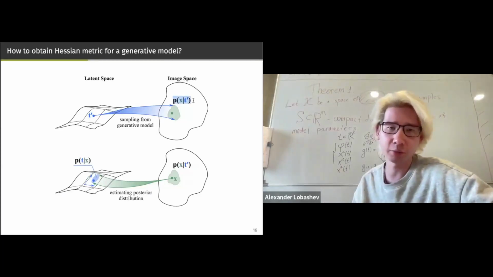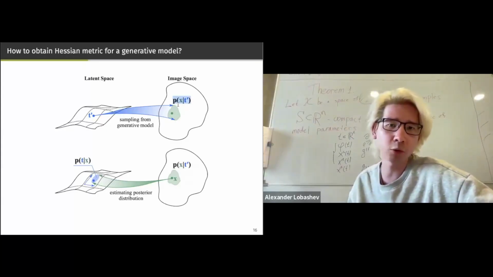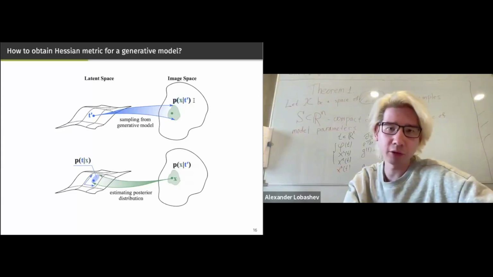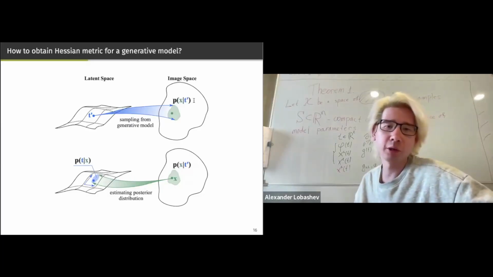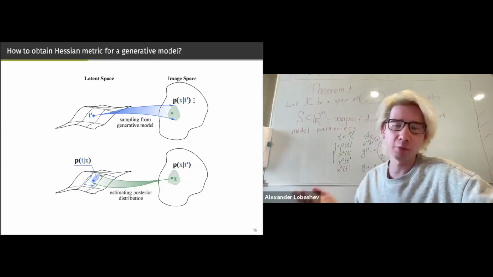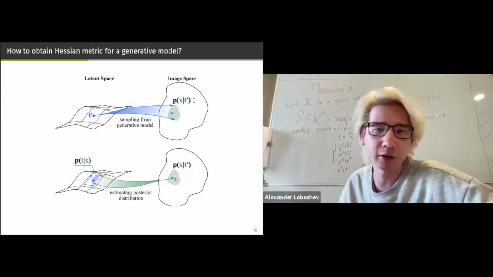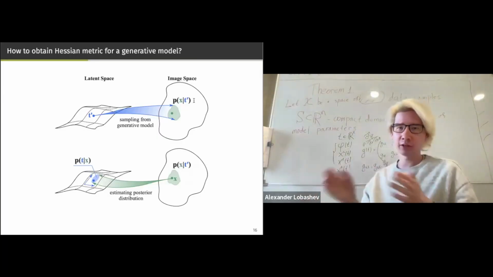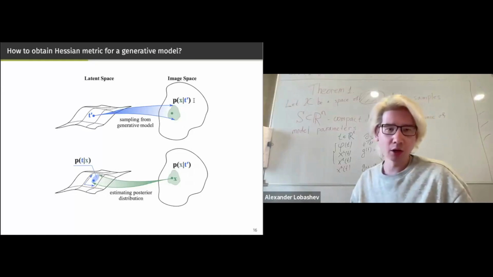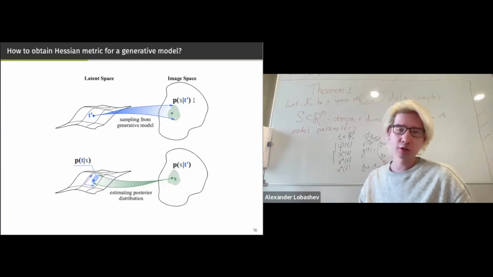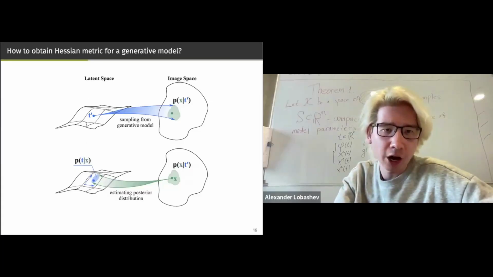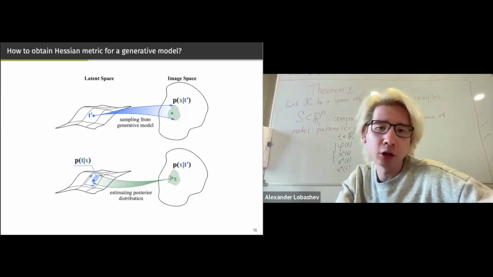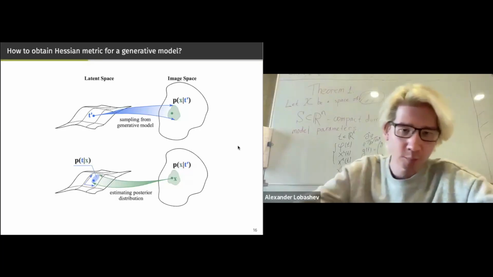For example, if this is some statistical physics model like the Ising model, we have some distribution of images which are binary matrices where some spins are up and some spins are down. The question is whether we could find this original temperature only by looking at samples.